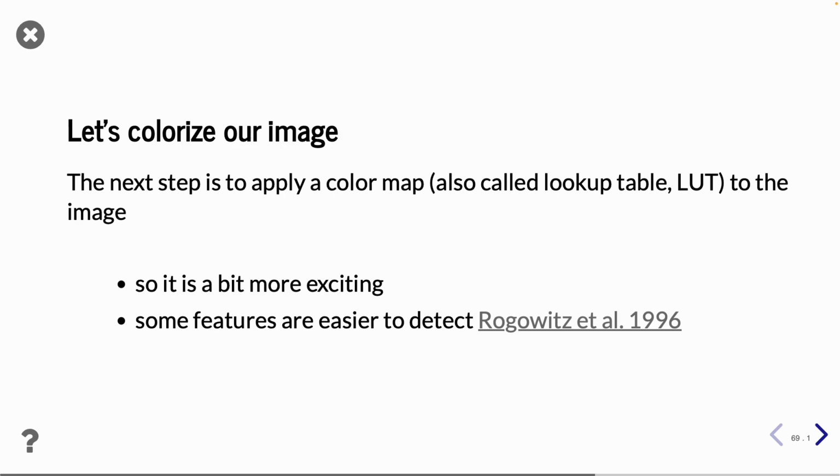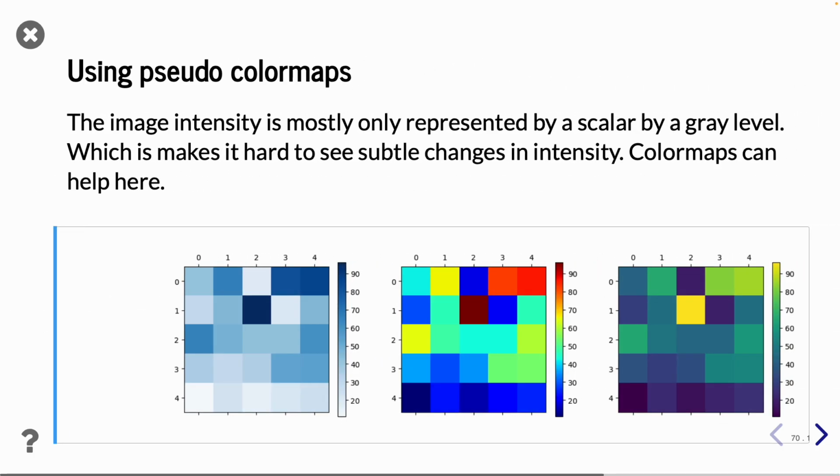With one color map, you can see more rapid changes, and with another color map, it's easier to spot slow changes in the gradient. So the color map can really be helpful, but it's important also to know that these colors are not physical at all, because what you have in the image is essentially only an intensity value. But by putting these colors, you can really spot different features.